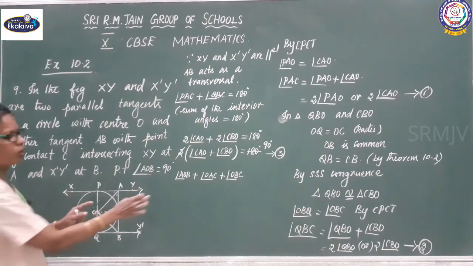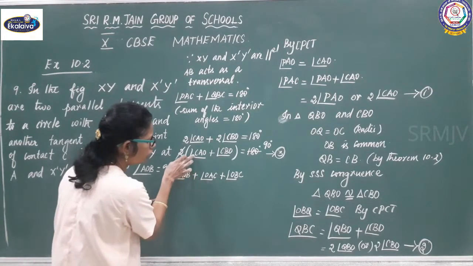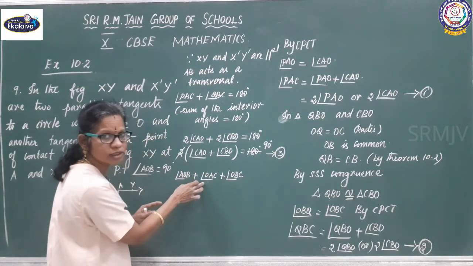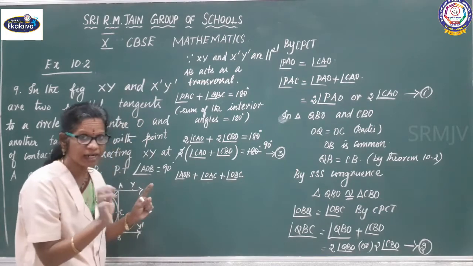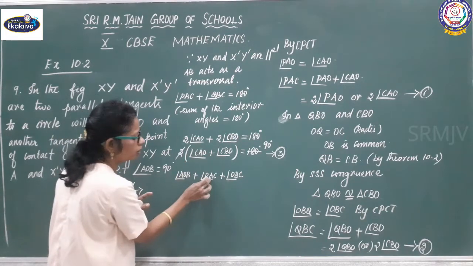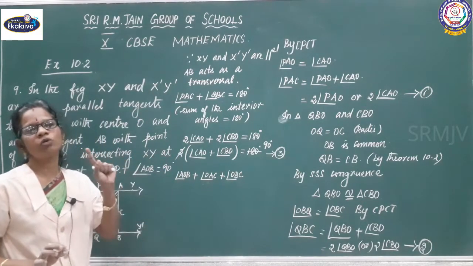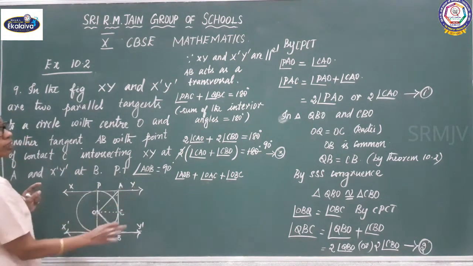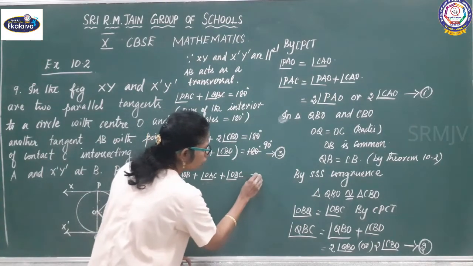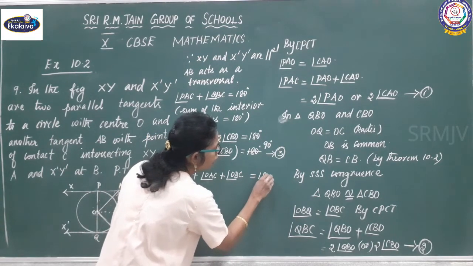Either you can write CAO or OAC, CBO or OBC. Our main attention is angle A should be in the center. The center letter only represents your angle, right? So, angle AOB plus angle OAC plus angle OBC equal to 180 degree.